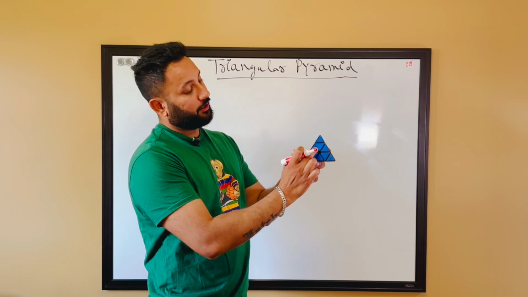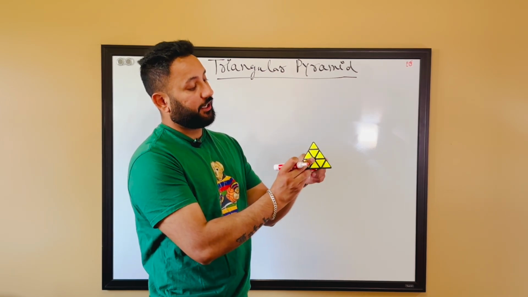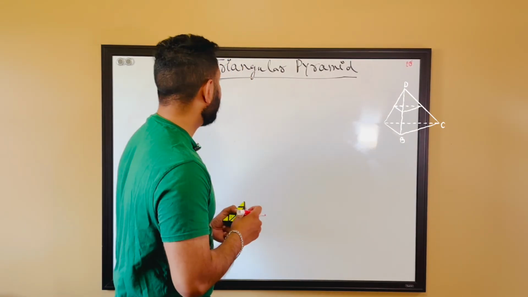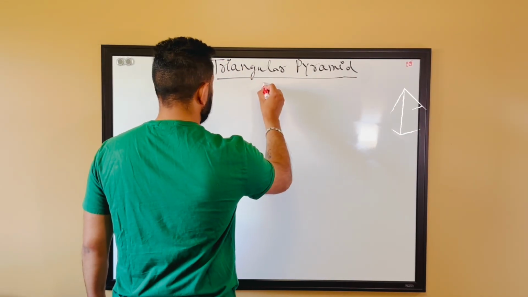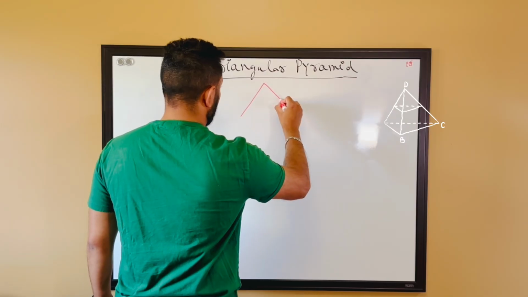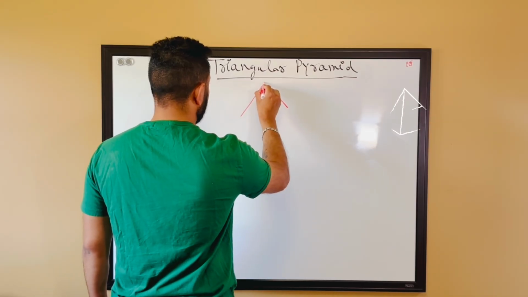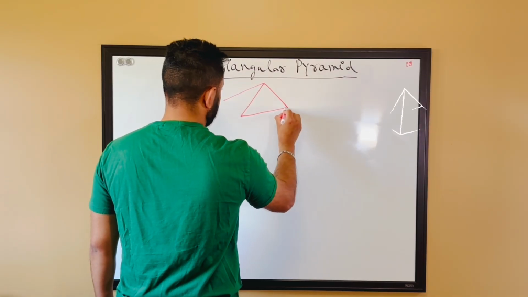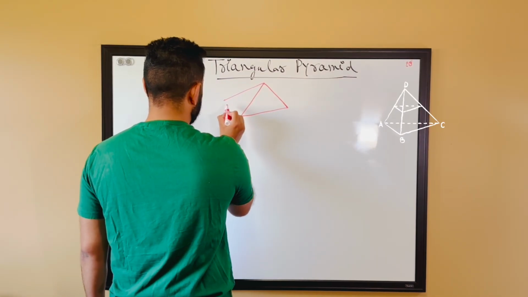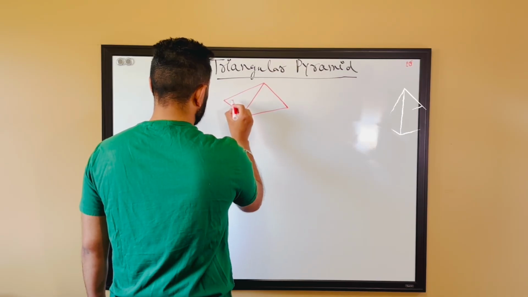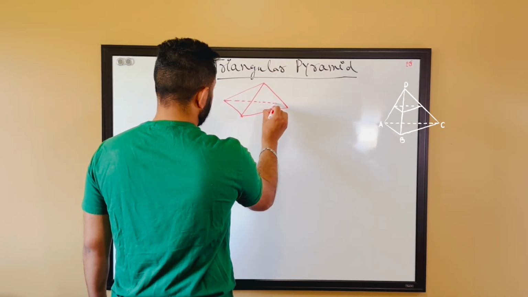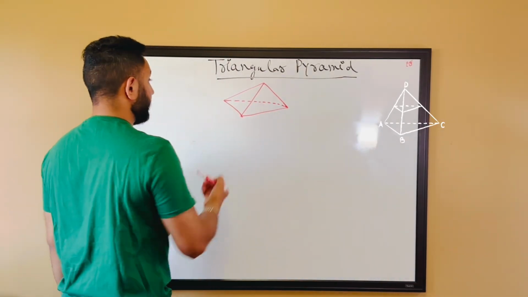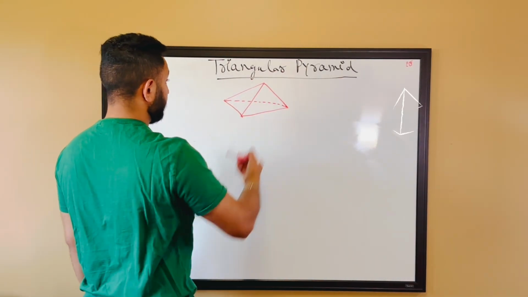So this face or this face, and as we cannot draw the back face, just forget about the back face. So just make one triangle and make another triangle and connect the vertices. And this dotted line represents the base of the triangular pyramid.